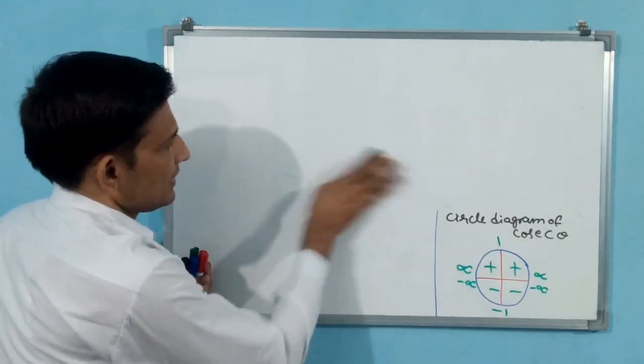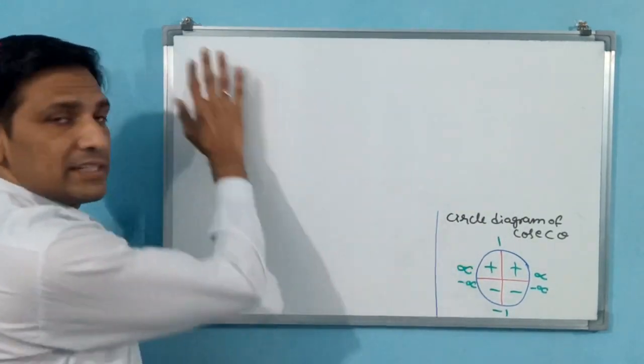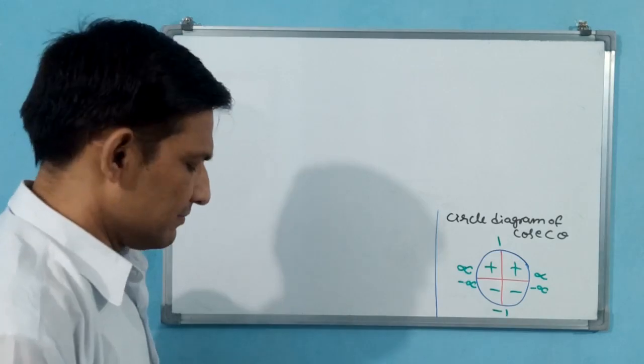Okay. Now let us draw the graph of cosecant theta here. That will be our final graph.